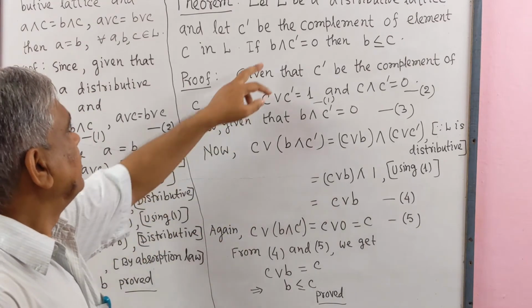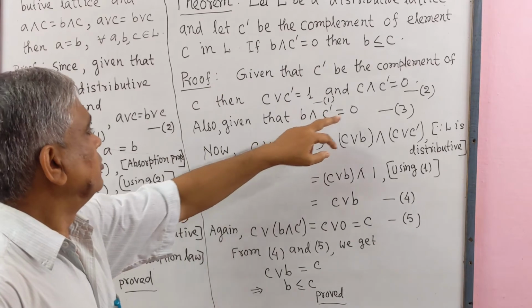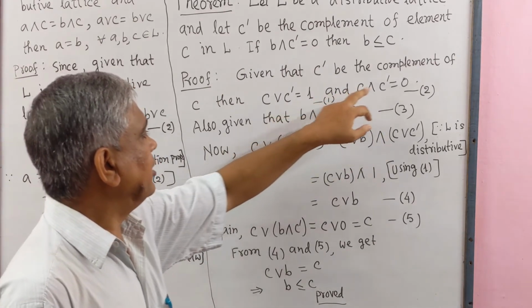Also given that B meet C prime equal to 0. This is number 3, and this is equation 1, this is equation 2.